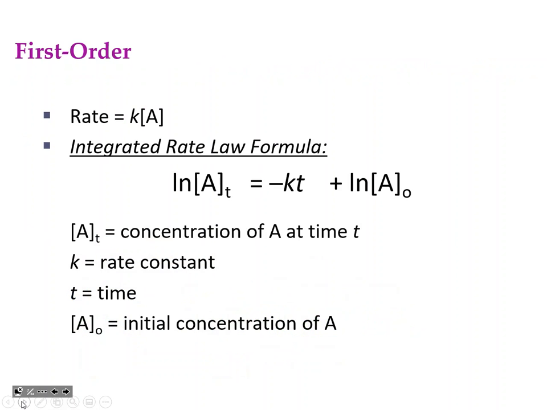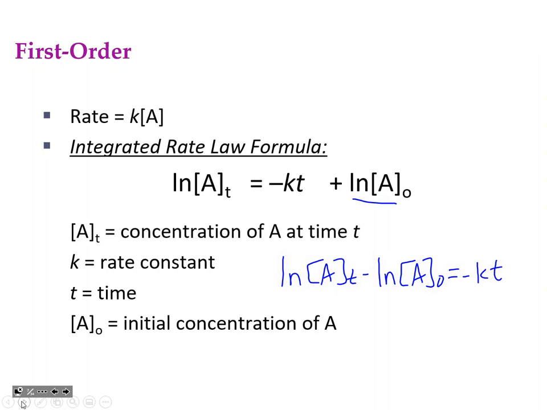Let's talk about first order. What you notice in the formula, I just told you the natural log of the concentration versus time, the linear relationship is first order. You see natural logs in the formula. And this is on your formula sheet, however, they write it like this on your formula sheet, which is just moving this over to the other side.